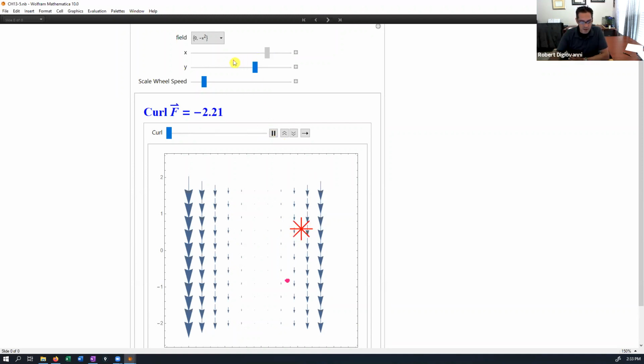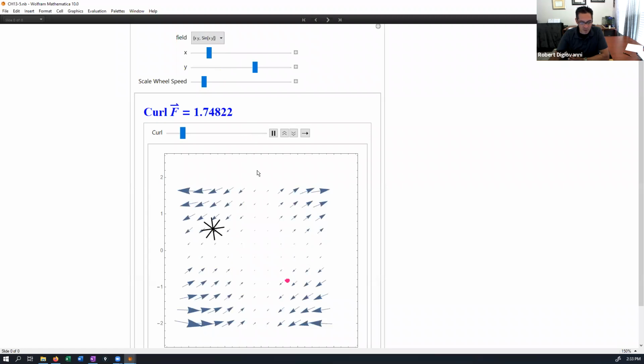If I go to the other side, now I'm going to spin the other direction. So curl kind of is what it sounds like, right? Here's another one, a different vector field. I move up here. Kind of is what it seems to be. Oh, there's some really small curl.